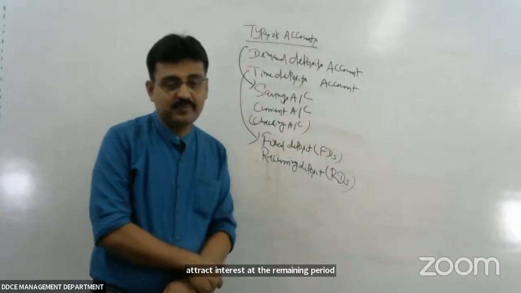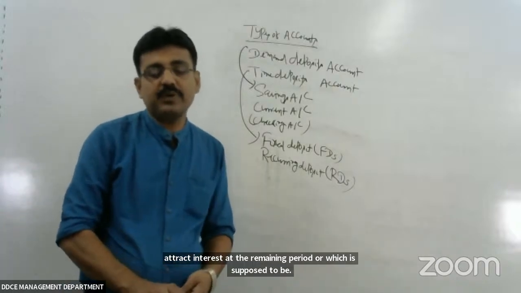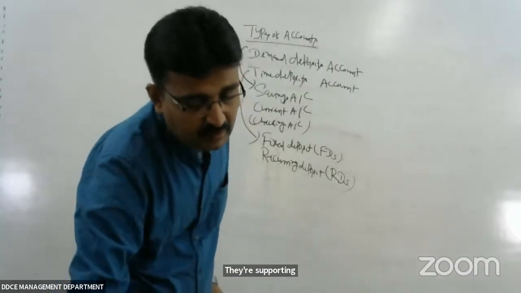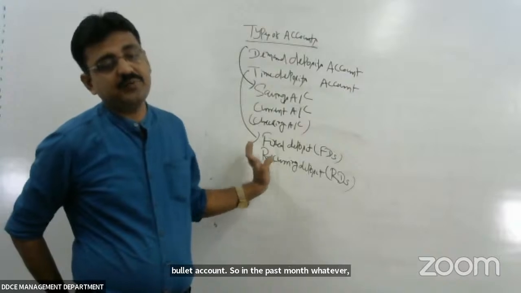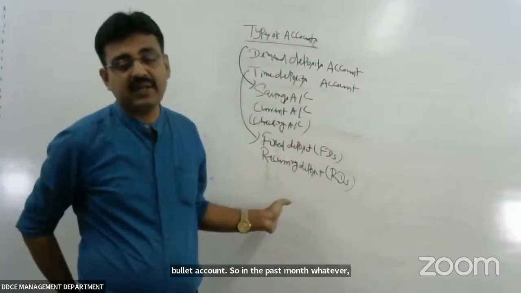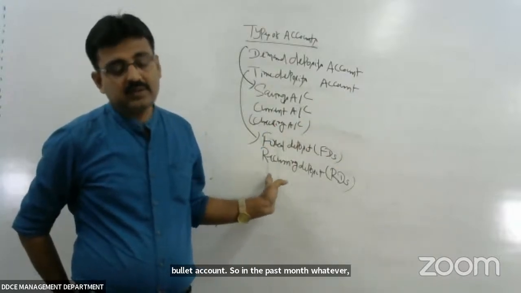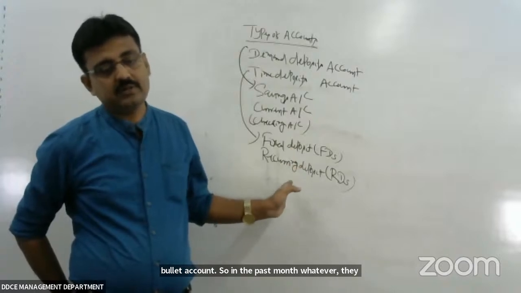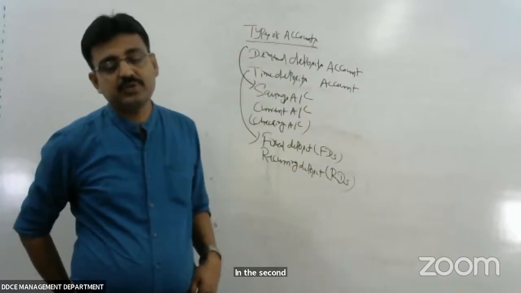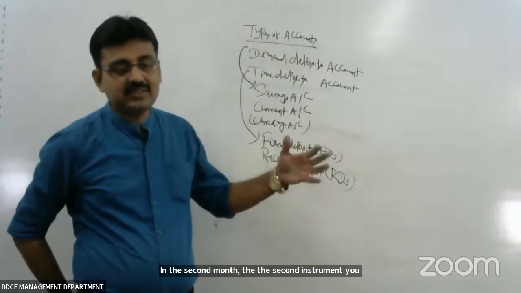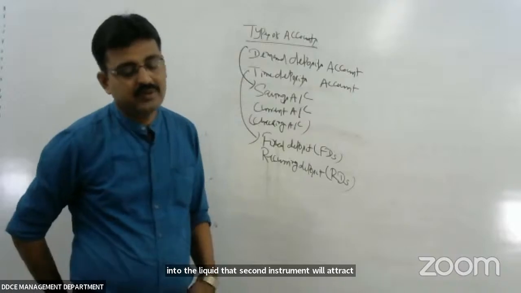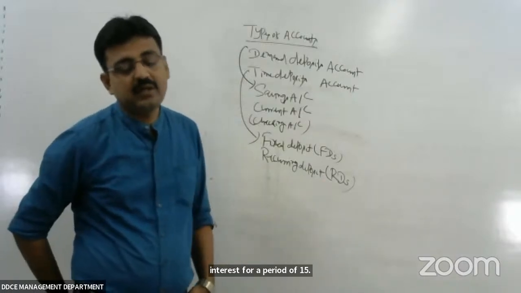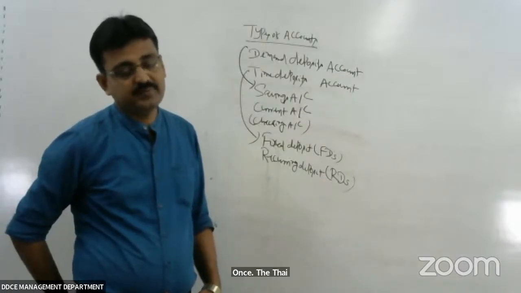Let's suppose you want to open a 5-year recurring deposit account. In the first month, whatever you deposit will attract interest for a period of 59 months. The second installment you put into the deposit will attract interest for a period of 58 months. The third installment will attract for a period of 57 months.